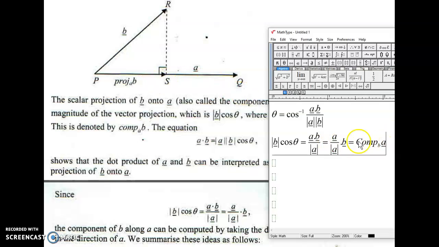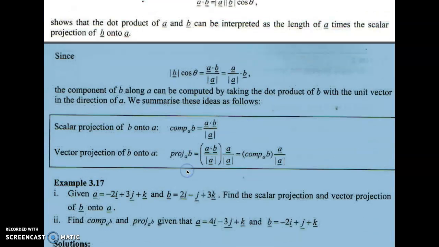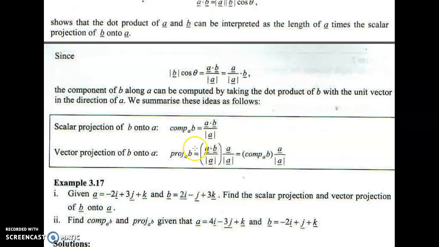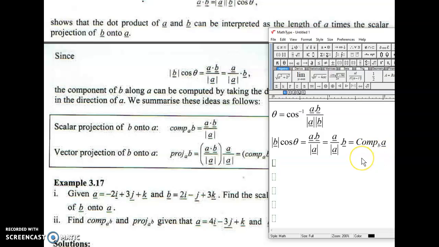So to look for its vector, or in other words, the projection, this is the formula, right? To look for the projection, we are going to multiply the component that we obtained before, which is this, right?